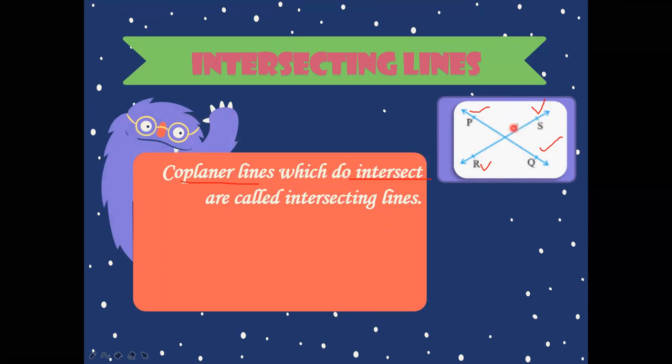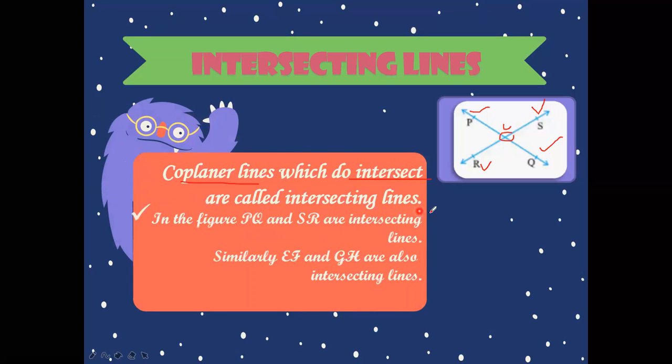And as you can see, these lines are intersecting at this point. So we say that PQ and SR are intersecting lines. Why intersecting? Because they are crossing each other at one point.